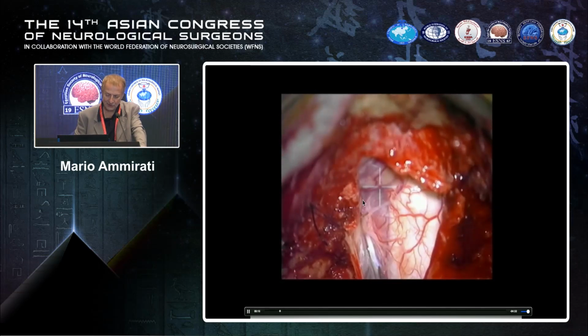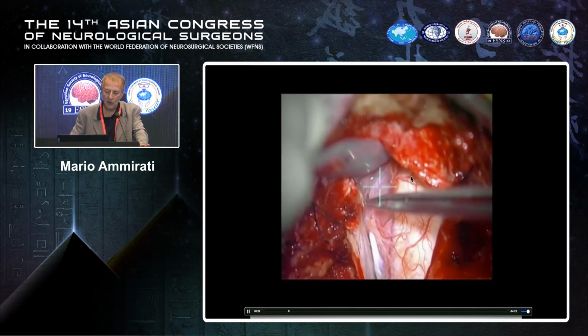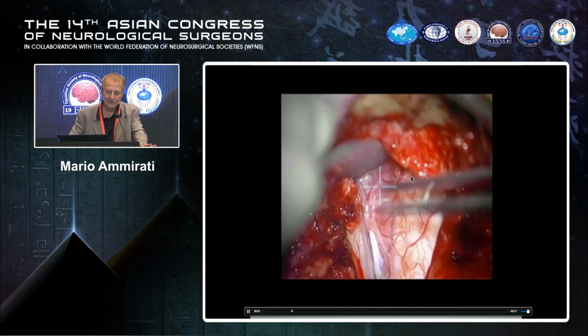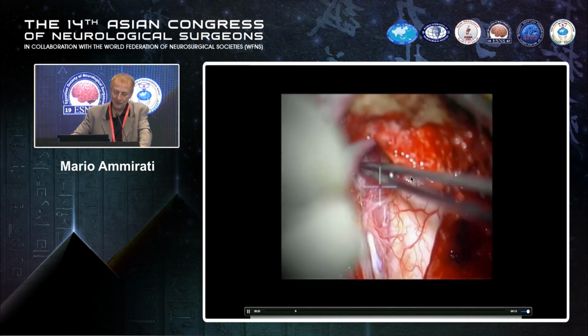Again, the horizontal portion of the occipital squama has been removed, and see how lateral we are. And this is a very simple approach, either with a midline incision or with a paramedian incision. That's it. It's just a very, very simple approach. Look how lateral you are.